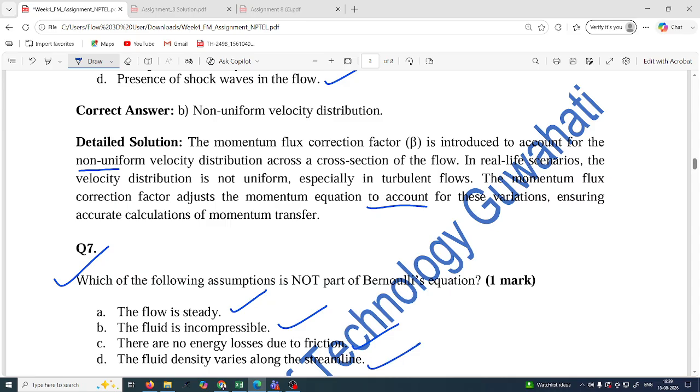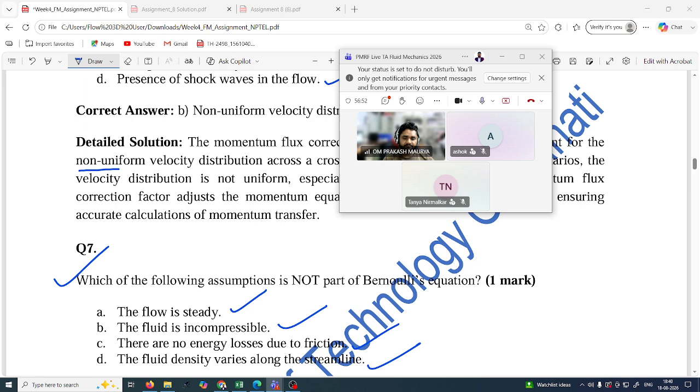So you have 4 options. So just try to write your answer. Okay, so Ashok is telling D option is correct. Okay, I am waiting for other responses. So read very carefully the question number 7.